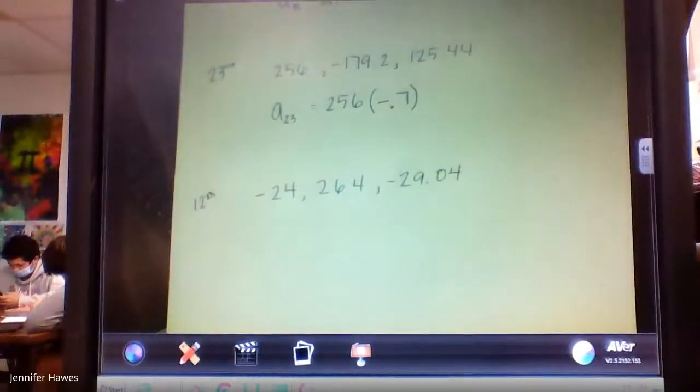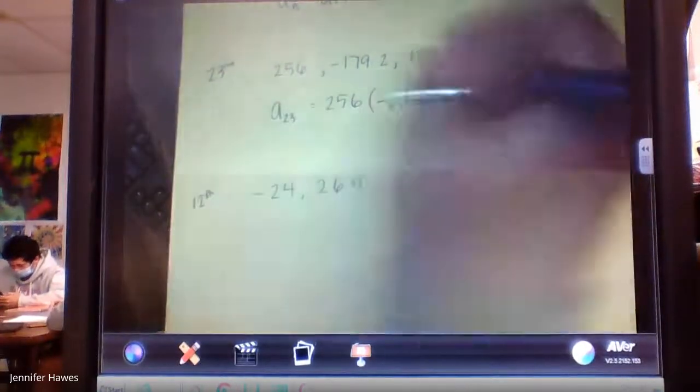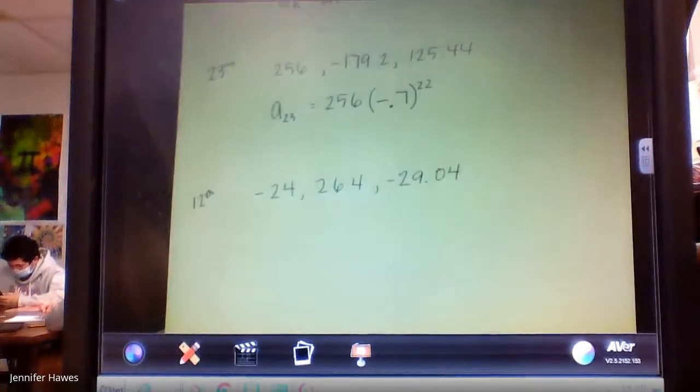Did everybody get a negative 0.7? Okay. All right. And then up the top there, I'm not going to write in 23 minus 1. I'm just going to write in 22. So to find the 23rd, I would leave that ratio in parentheses like that.